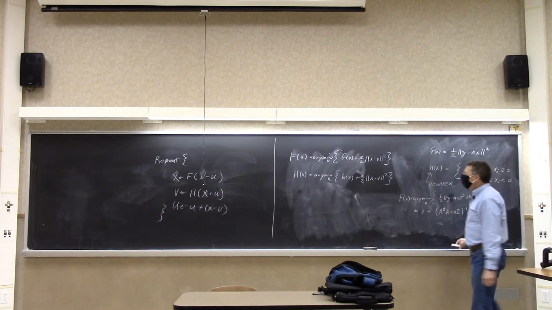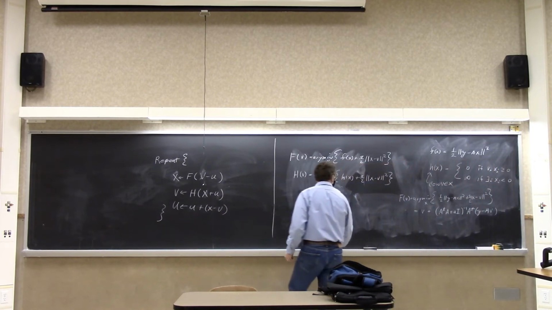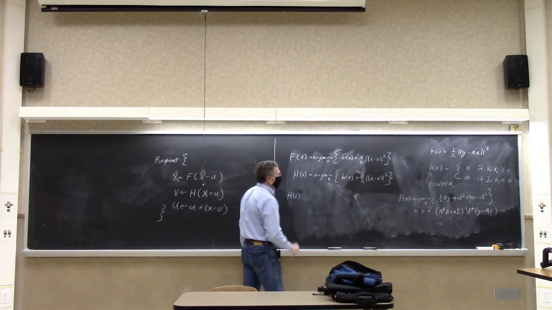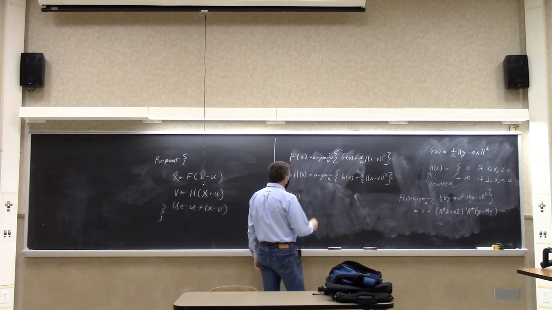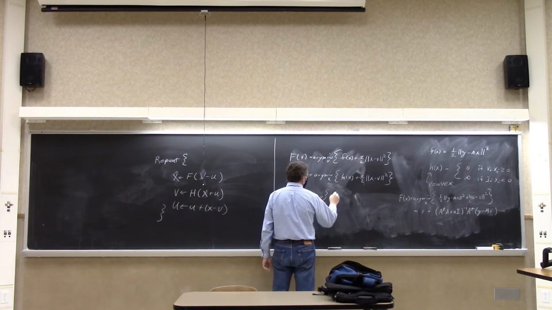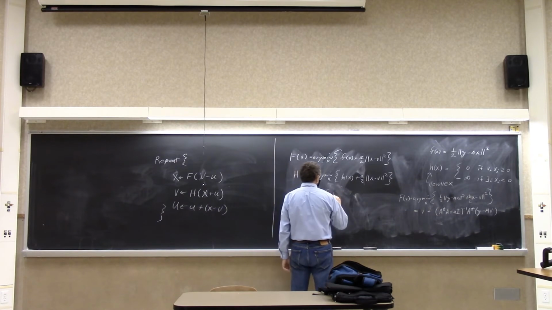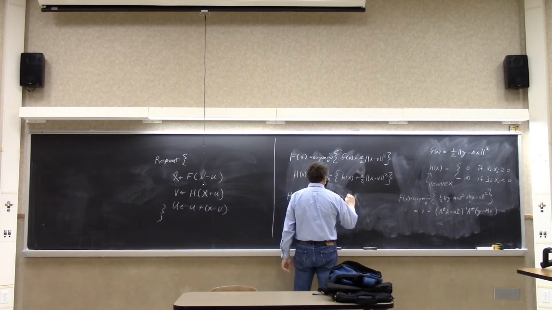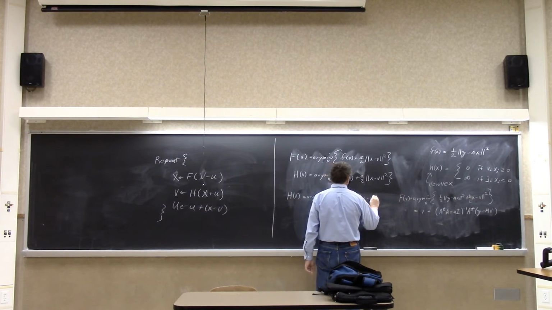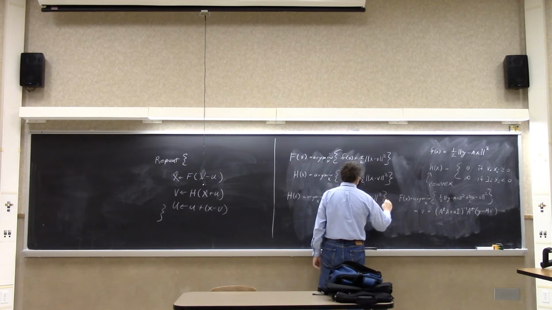Now, what about H? Okay, so that's going to be equal to the argmin over x of h of x plus a over 2 norm of x minus v squared, right?